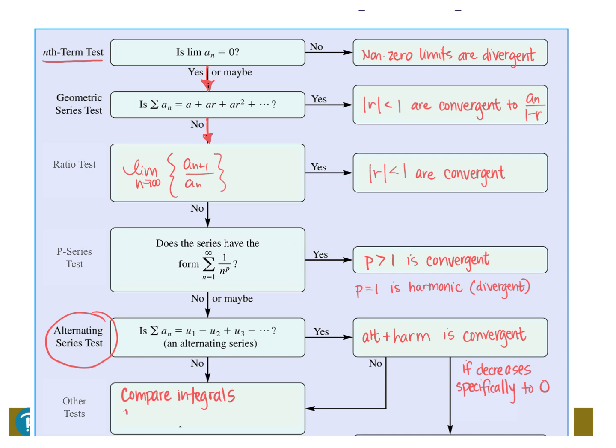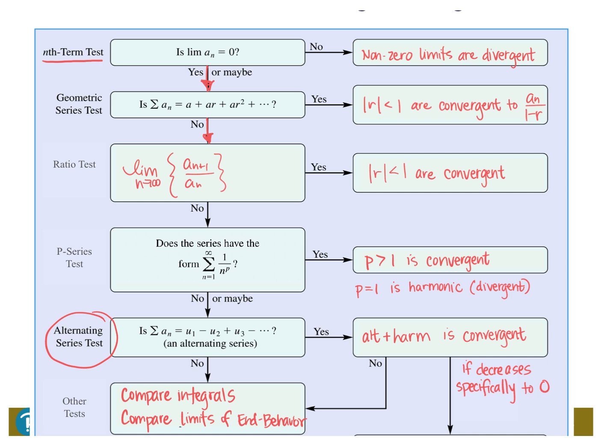We can also compare the limits of end behavior, which is the one we just did, the limit comparison test. So that's kind of the last ditch, what to do. Those are all the tests we are going to cover in this class.